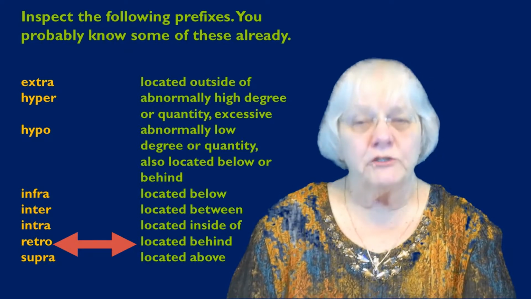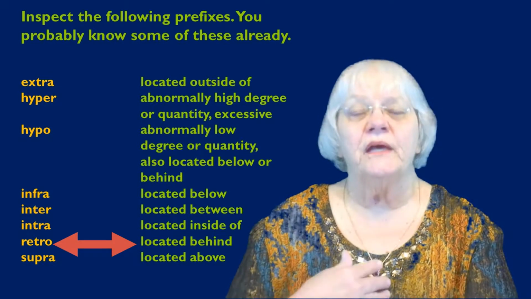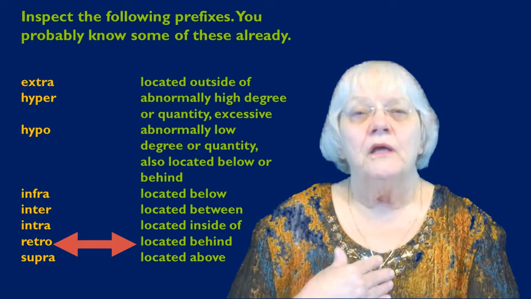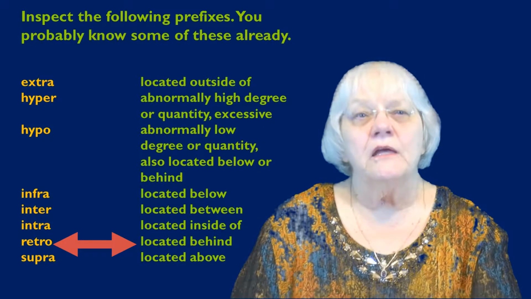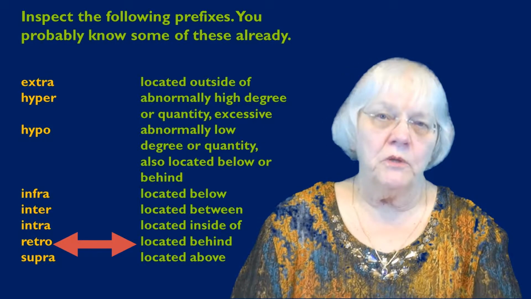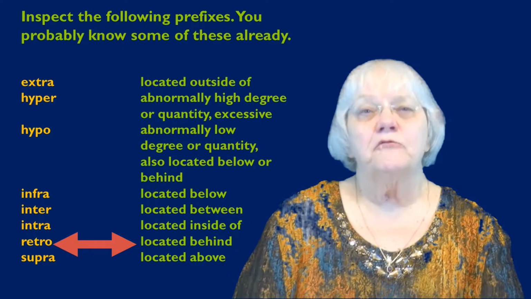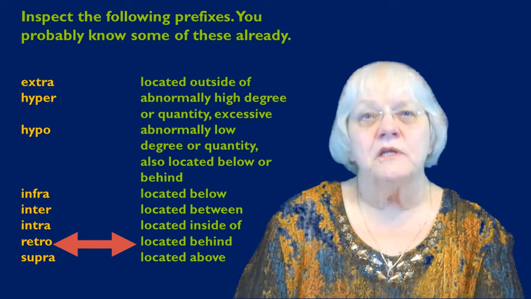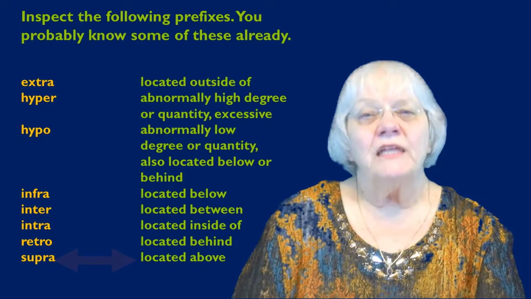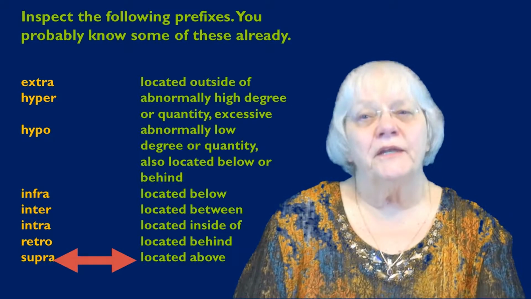And we could have a retrosternal abscess, which would be an abscess behind the breastbone. You could have retrocardiac pain. You could have renal abscess behind the kidneys. Retro is a very commonly used prefix. Finally, we have supra, meaning located above.